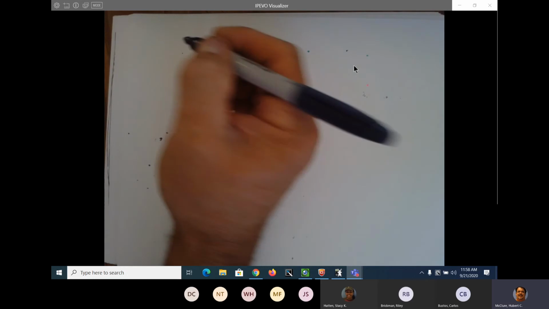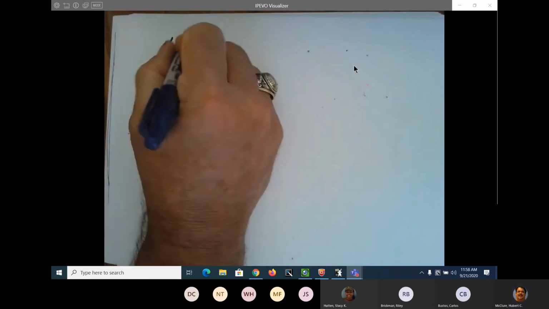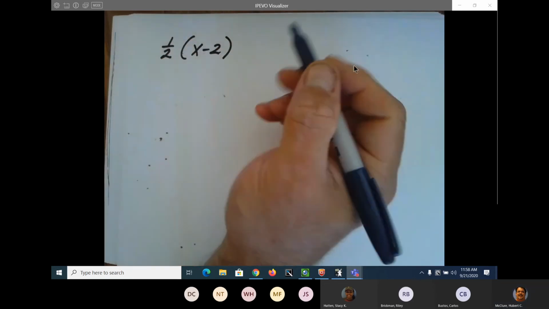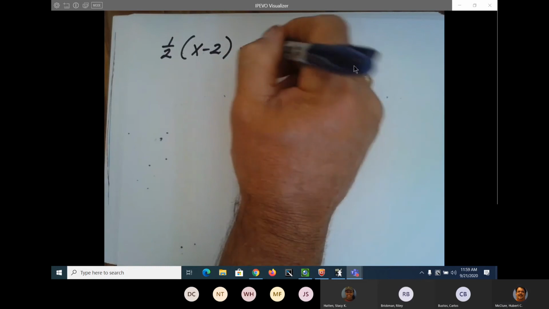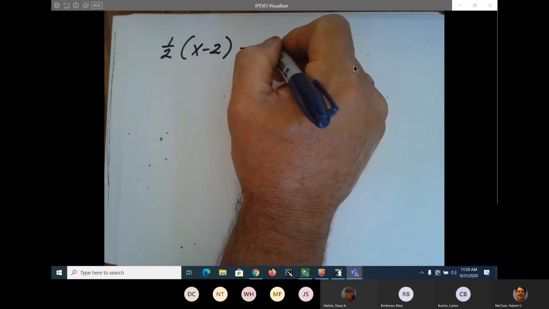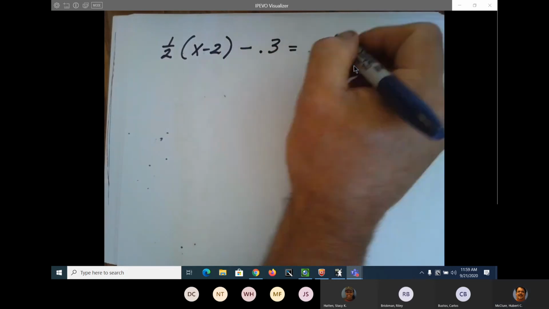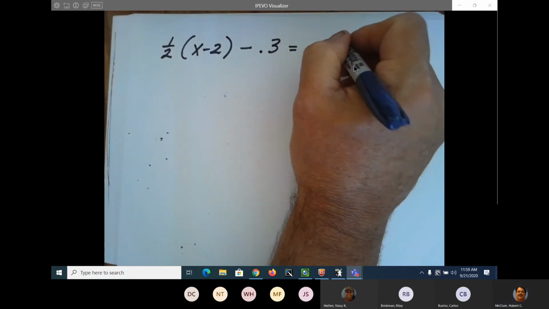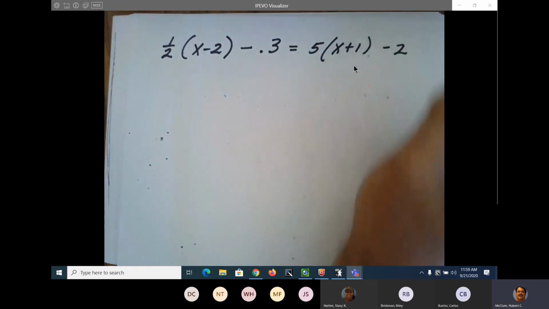All right, if you can do this one, the next one I'm fixing to do, you're good to go for 6.2. 1/2 times (x minus 2) minus 0.3 is equal to 5 times (x plus 1) minus 2.